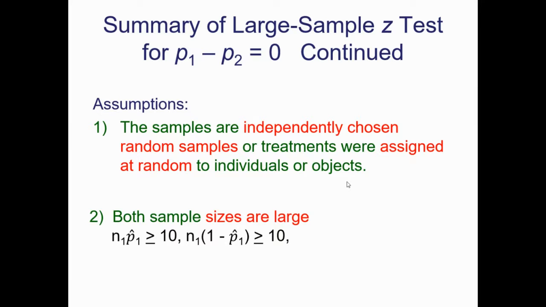So, okay. And then for the second sample, we have to have the same thing. Everything's got to be greater than or equal to 10 or 5. So those are our assumptions that we have to look at.